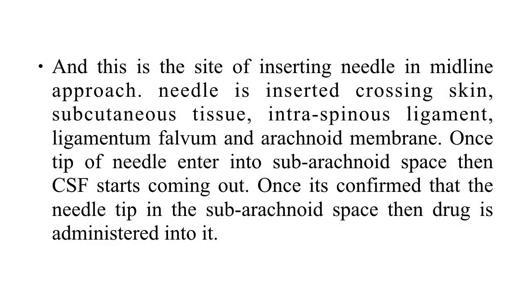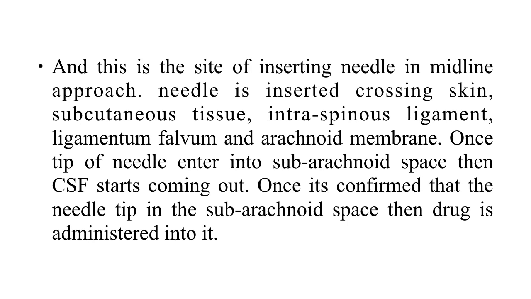And this is the site of inserting the needle in the midline approach. The needle is inserted crossing the skin, then enters the subcutaneous tissue, and afterwards the interspinous ligament, ligamentum flavum and arachnoid membrane.